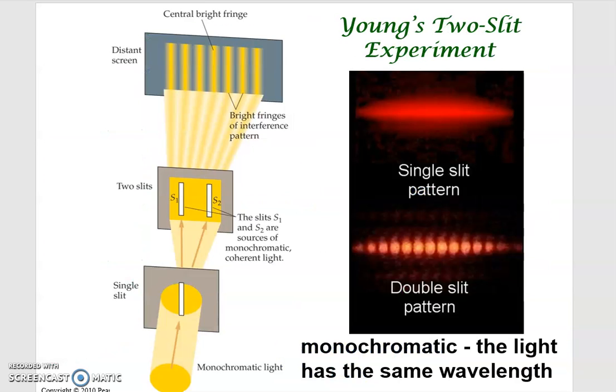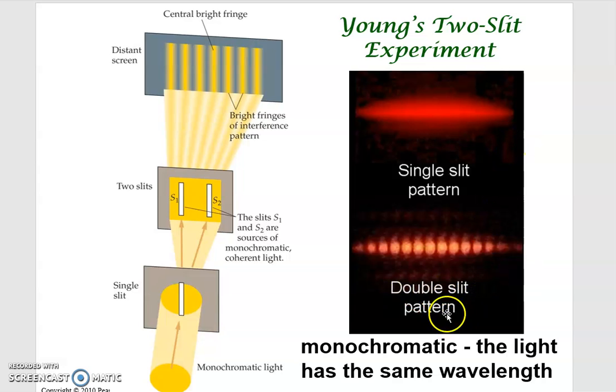For Young's double slit experiment, what people will show is that if you only have one single slit, which means this one doesn't exist, only this one exists, you are going to see a pattern here. This is one source of wave, so it propagates outward. There is no interference because there is only one light source.